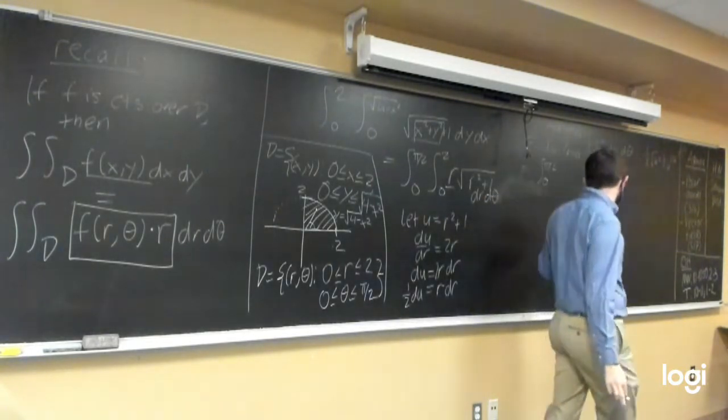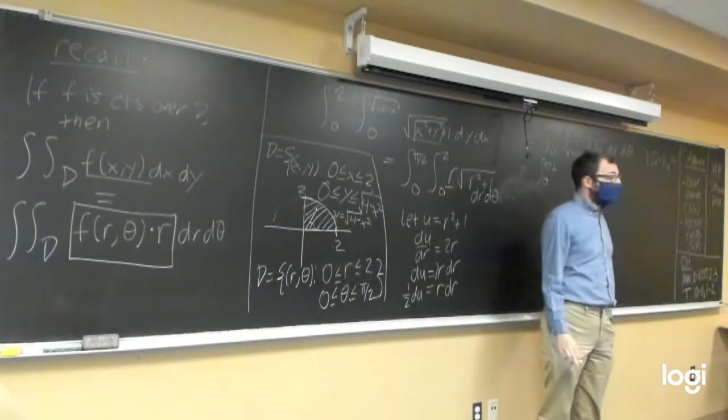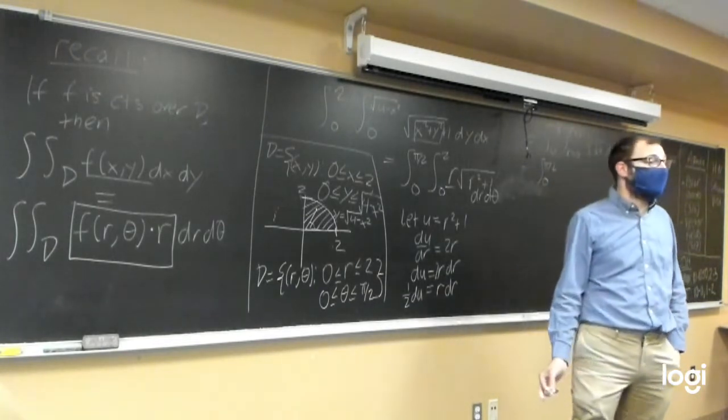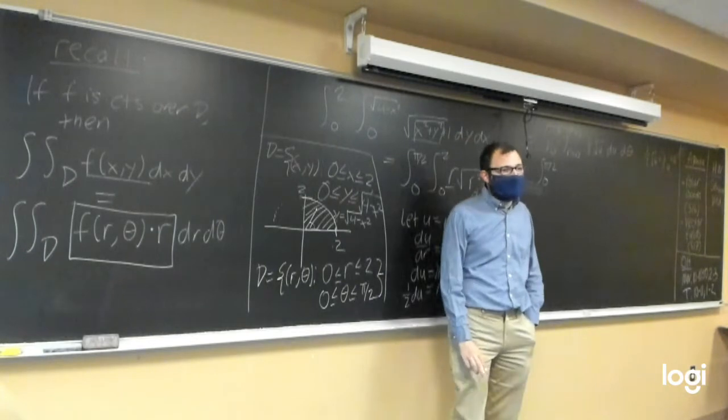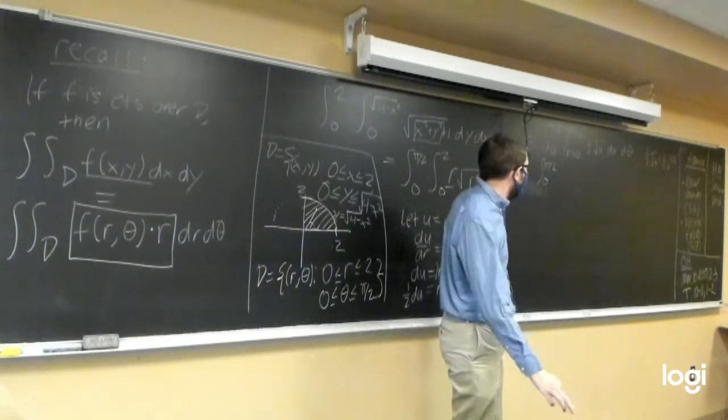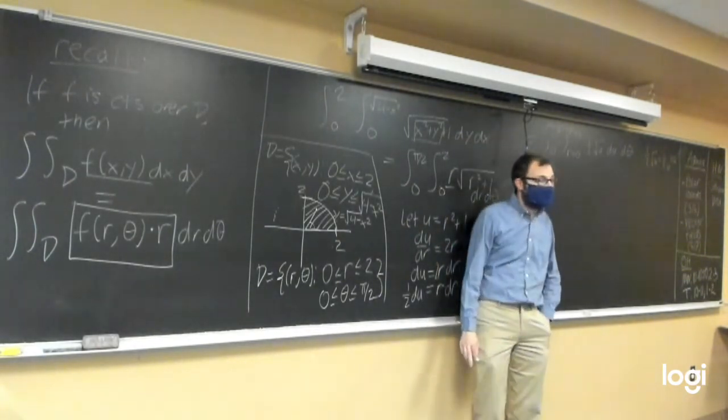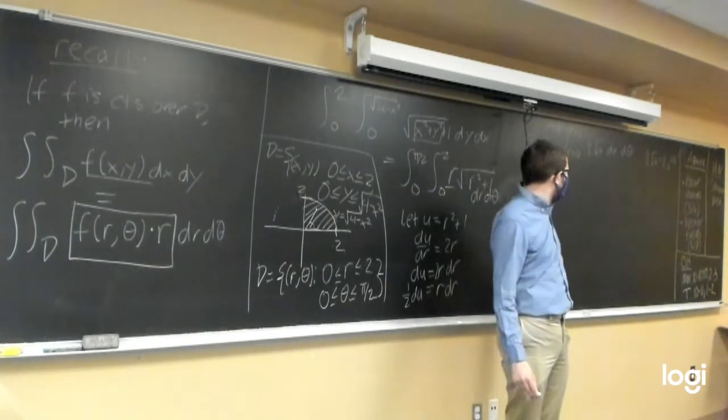We need to integrate 1/2 square root of u, which is 1/2 u to the 1/2 with respect to u. Oh, let's see. How would we integrate 1/2 u to the 1/2 power with respect to u? I don't think we're going to have u to the 1 power.